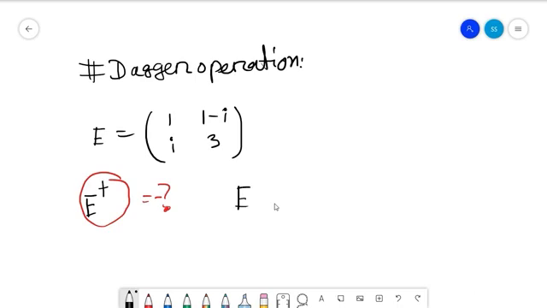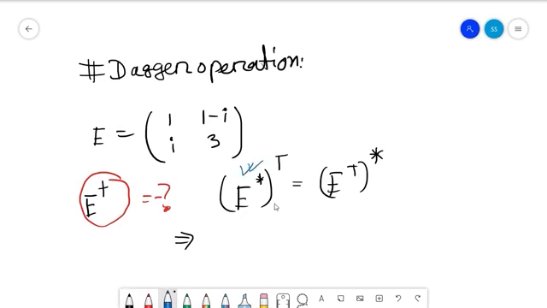This means you can take the conjugate of it and then transpose it, or similarly you can first transpose it and then take the conjugate of it. This is what it means. So let's do this part, that is, we'll first take the conjugate and then transpose it.